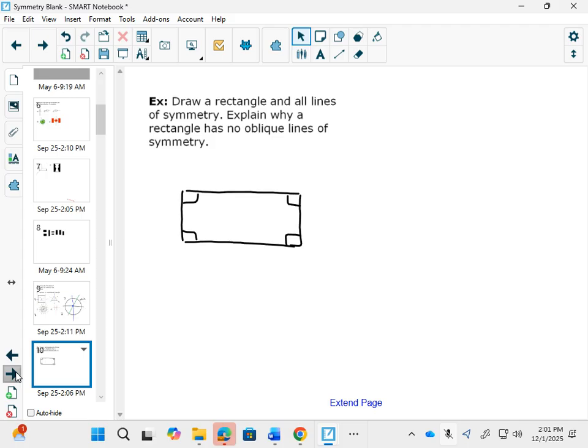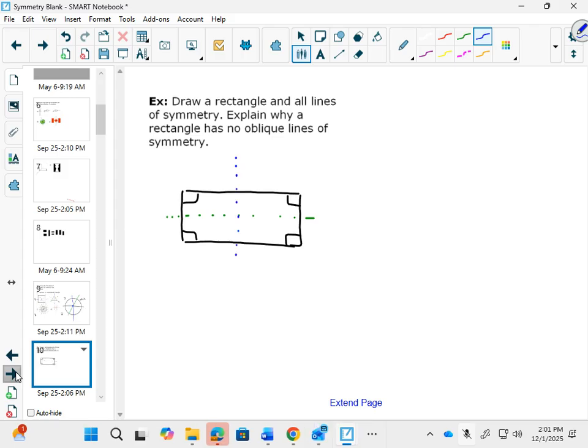Too many. There's only this and this. Because if I took this one here, I'm just going to copy the bottom half and move it over.